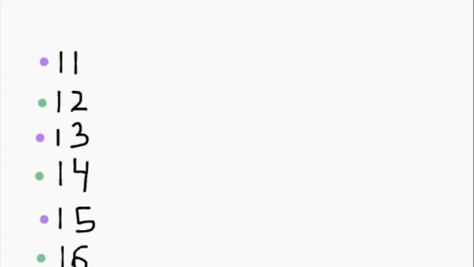Now we're gonna switch it and reverse it. So green is the say 10 way, and purple is the other way. 2 10s, 19, 10, 8, 17, 10, 6, 15, 10, 4, 13, 10, 2, 11.